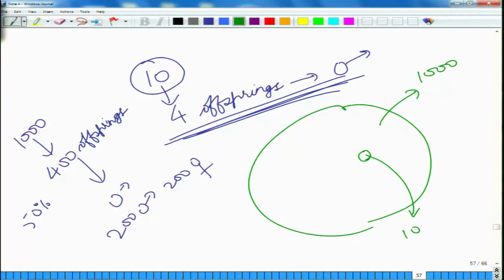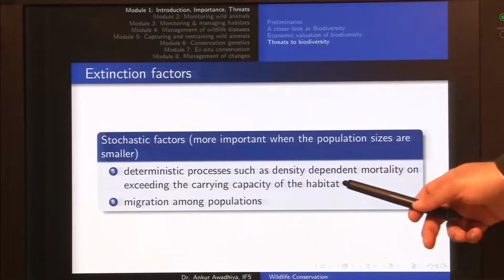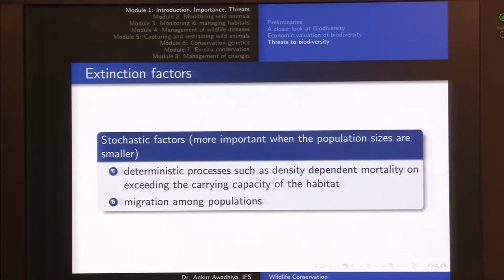Now, in this habitat we had say 10 individuals, and because of population change this rose to 15 individuals. So, in the case of these 15 individuals, the habitat will not be able to support them and there will be a density dependent mortality.